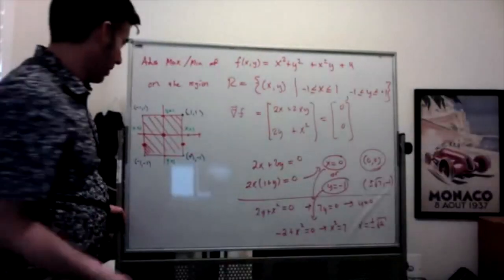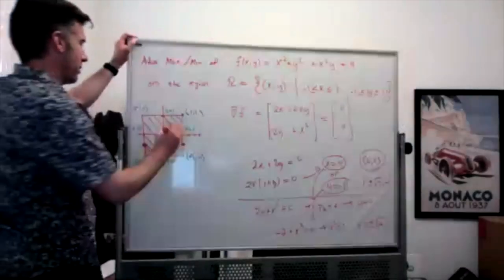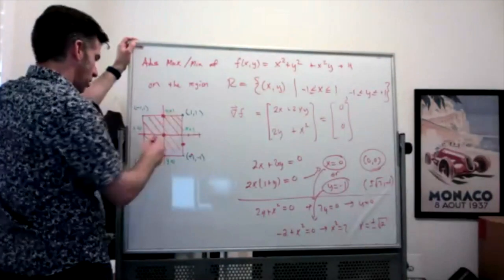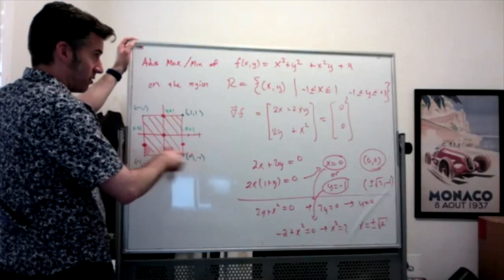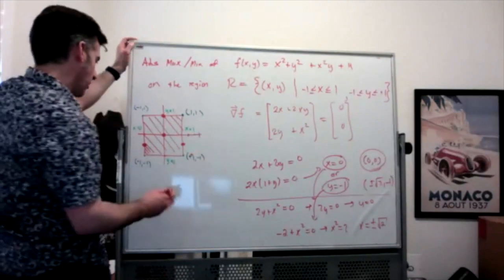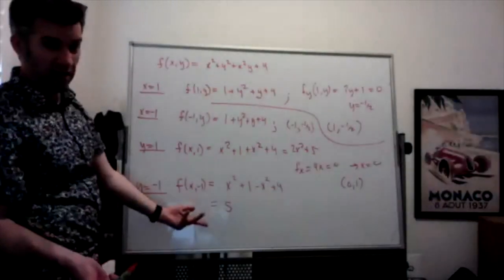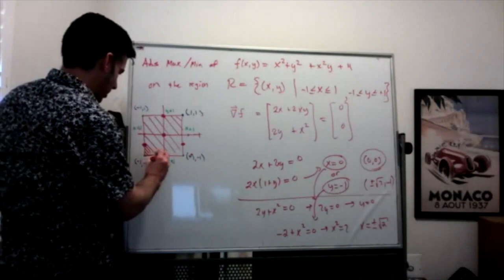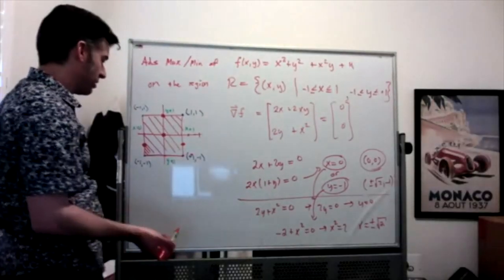But that means we could just check a corner. So along the wall y equal to 1, we have the point (0, 1). And along the wall y equal to negative 1, the function is the same value no matter what you pick. In fact, we know that it's equal to 5. So we know that all along this line here, including the endpoints, the function value is 5. Interesting.